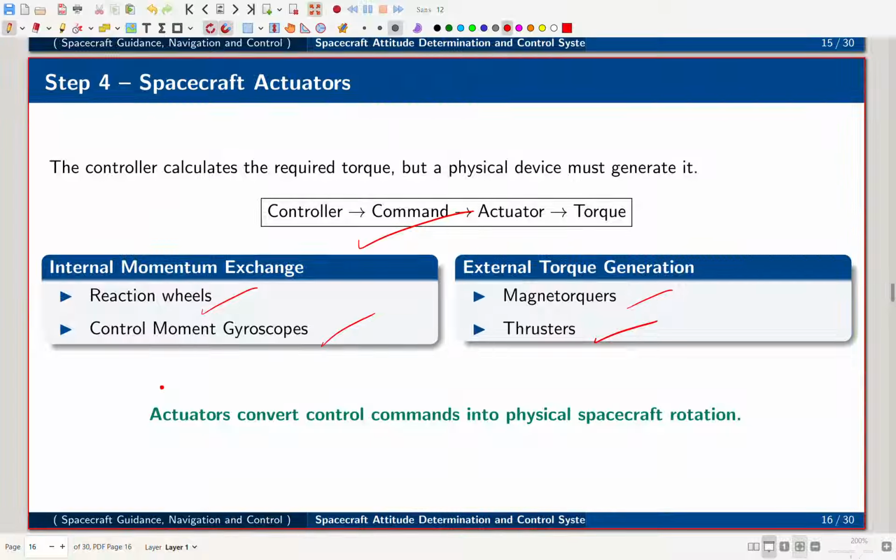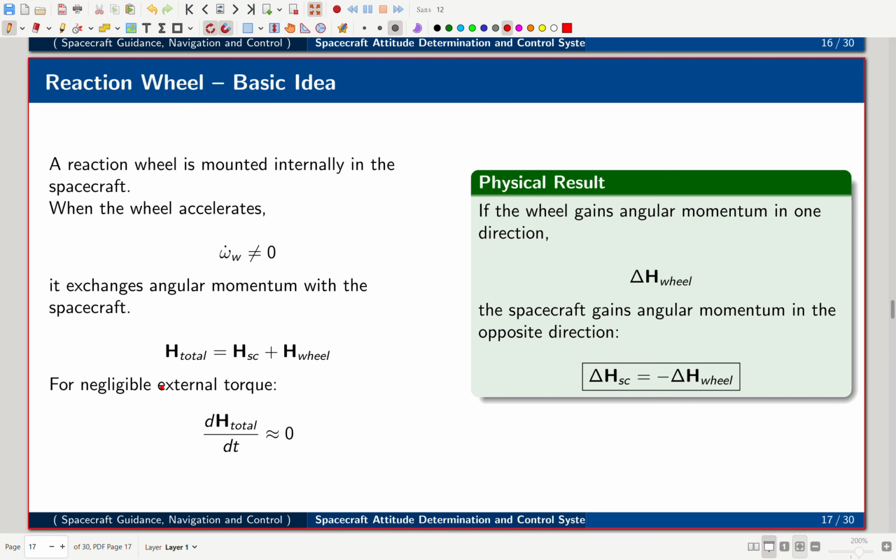Actuators convert control commands into physical spacecraft rotation. So there are different methods of how we can correct the attitude. These are the internal momentum exchanges we are doing here, and this is the external torque we are providing, based on the command we require.